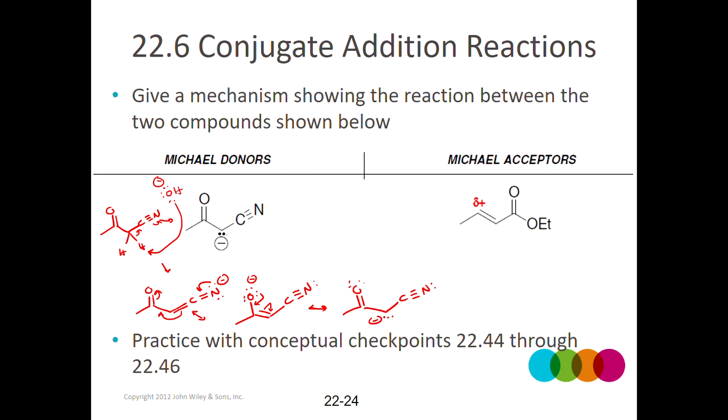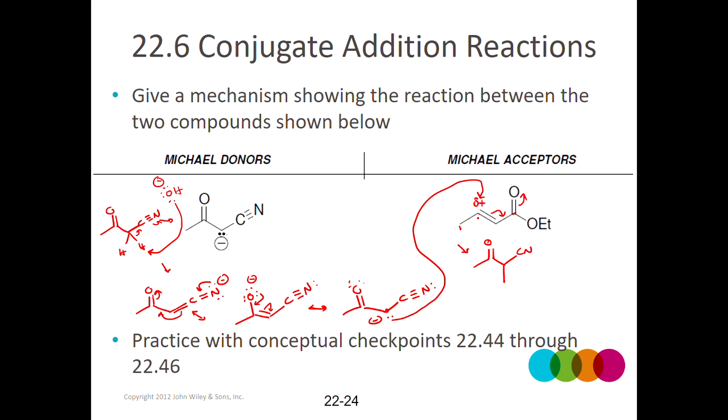I don't have a very large partial negative on the carbon, and so I expect it to be more likely that it would attack the beta carbon rather than the carbonyl carbon here and push these electrons up to the oxygen. So now this carbon will have attacked this one, so they'll be connected.